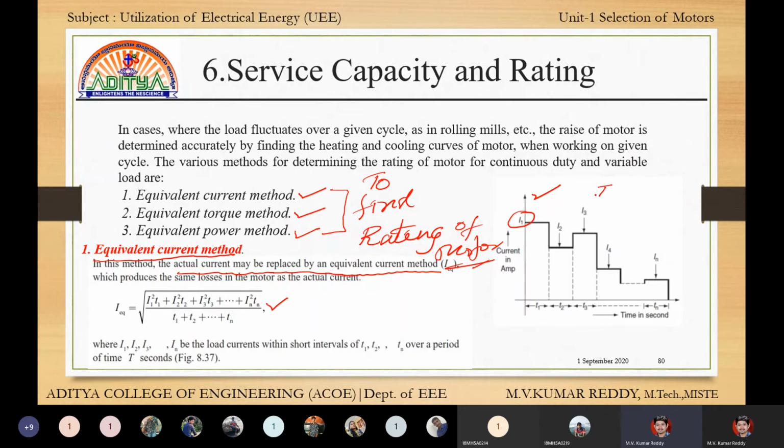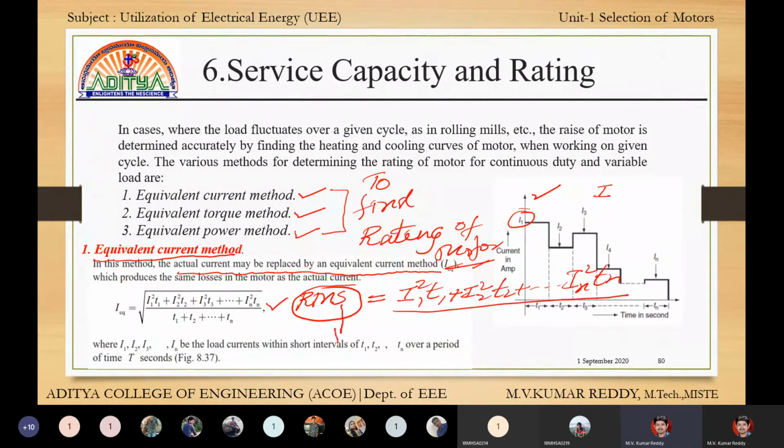The main theme is that it follows the RMS value, that is the root mean square value. I1 square t1 plus I2 square t2 plus so on up to In square tn, divided by t1 plus t2 and so on.